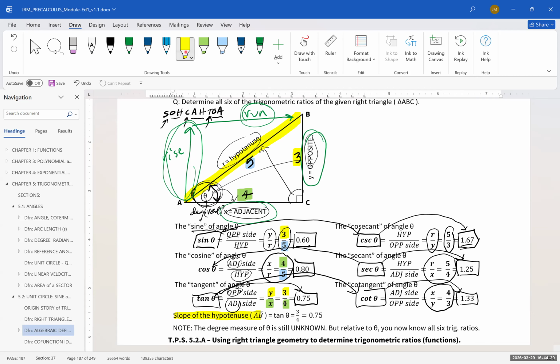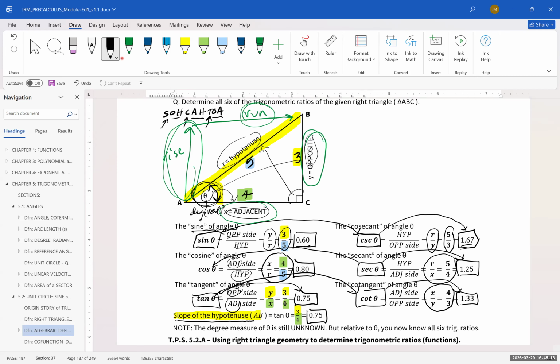So the tangent of our angle of interest will be the rise over the run. So the slope of the hypotenuse is 0.75. It's a shortcut: you can use tangent theta to get you the slope of a line.